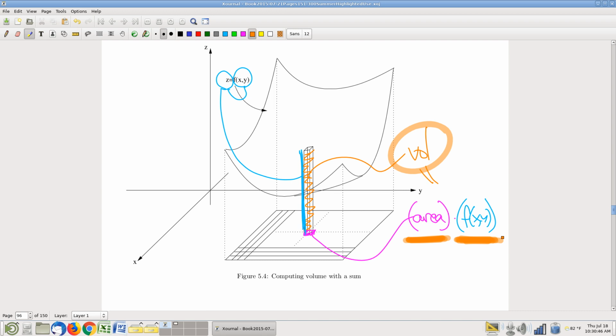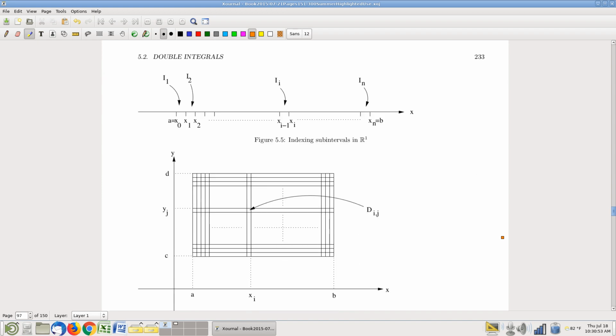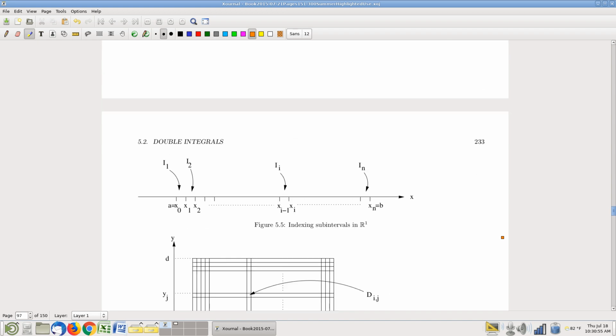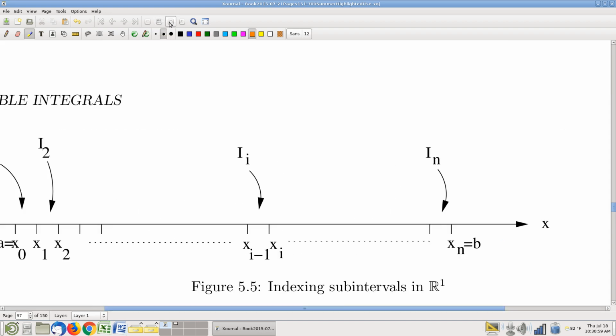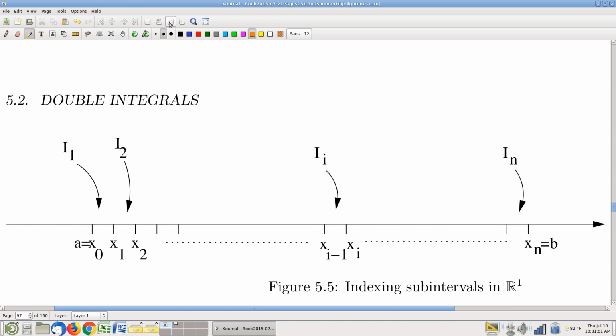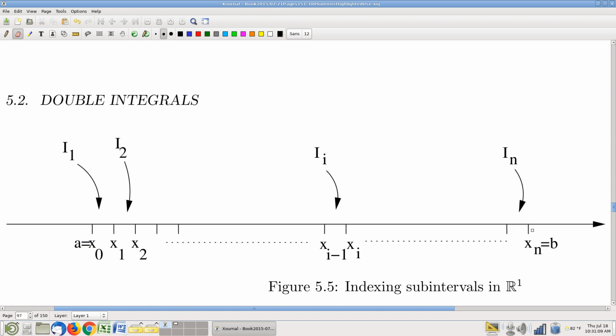Okay, so now there's a bunch of details to write down. I hope you all remember in, again, Calc 1 or 2, depending on your course, this whole breakdown. If you're looking at the x-axis, and you have an interval from a to b, then we break that interval up into pieces.